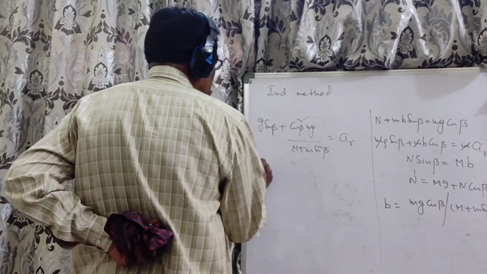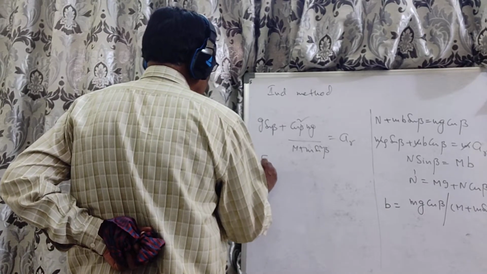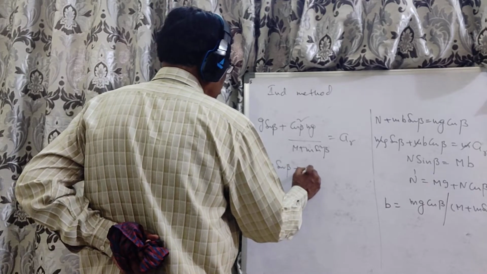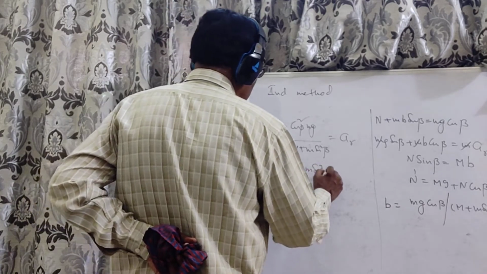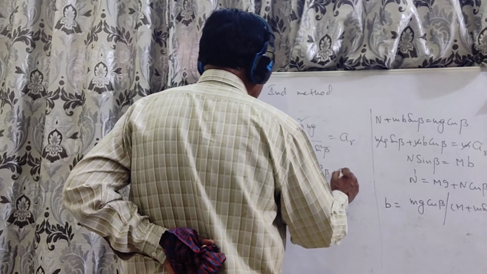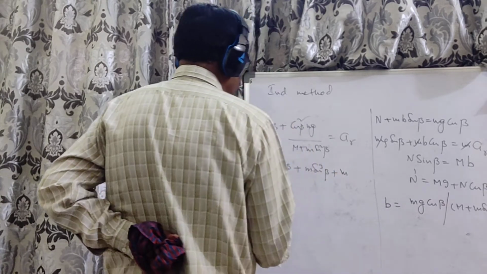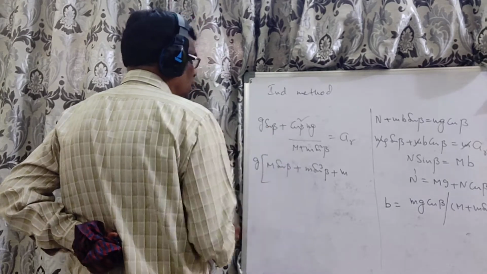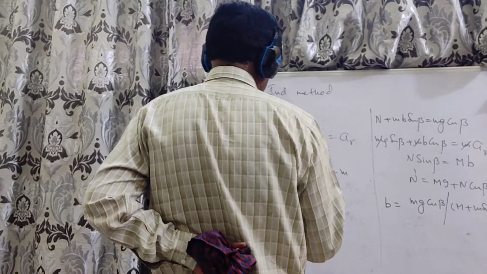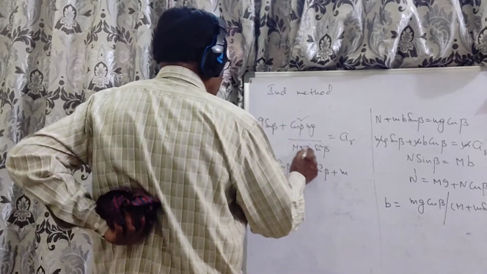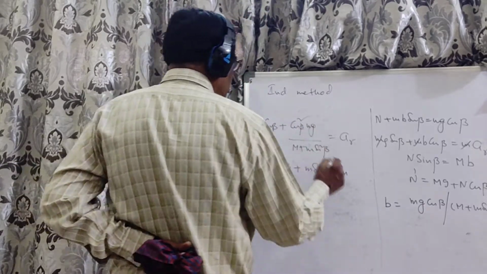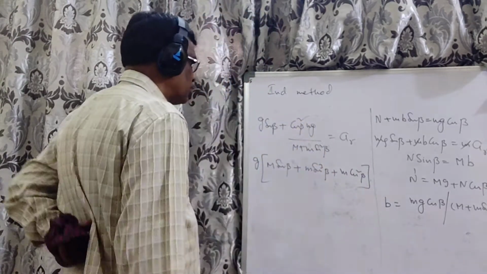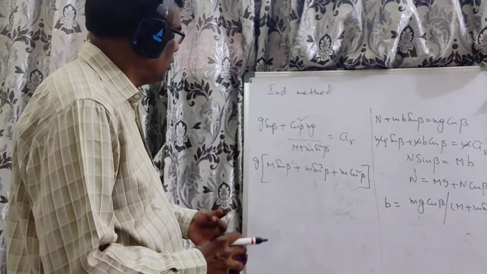So g common is M sin beta plus m sin cube beta plus M sin beta, m sin square beta, m cos square beta. You got it here?